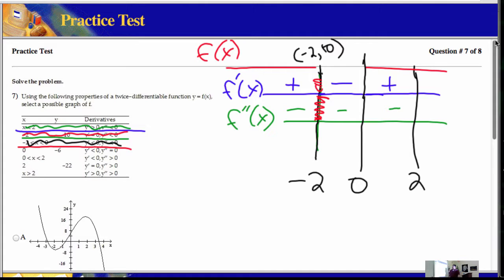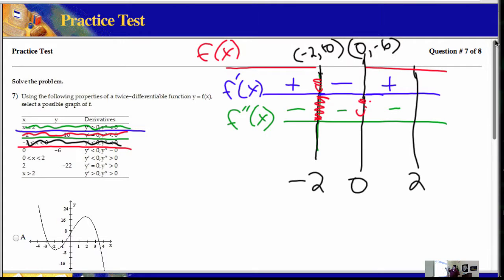Then at 0, f of x is -6. So that's a point on the line. Is that a critical point? No. Well, let's see. It says y prime is less than 0, but y double prime is equal to 0. So this is a critical point for y double prime.